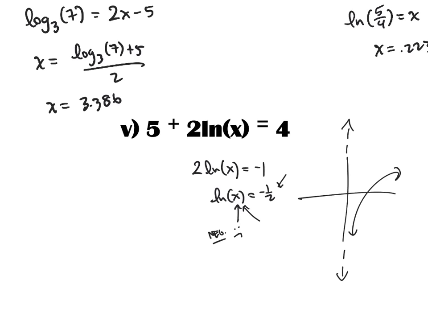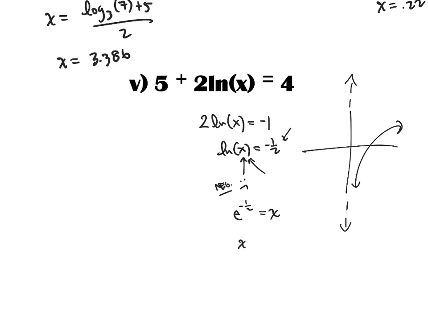Okay, so if the natural log of x equals negative 1/2, then e to the negative 1/2 equals x. In exact form, I could say that x equals 1 over the square root of e. And I'm going to leave it like that. You could find it on your calculator as well. Okay, so remember these two things. You cannot ever have a logarithm with a negative input.